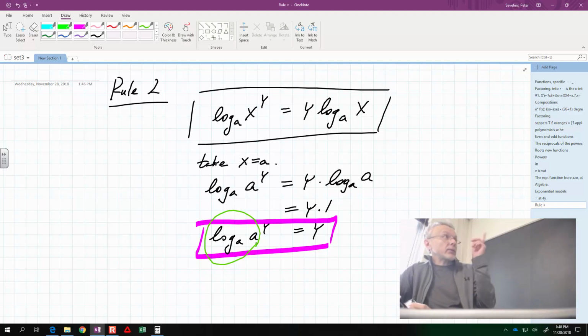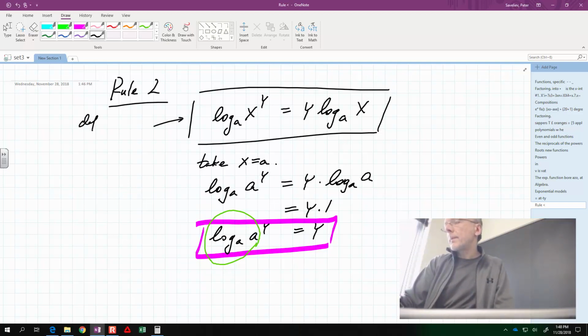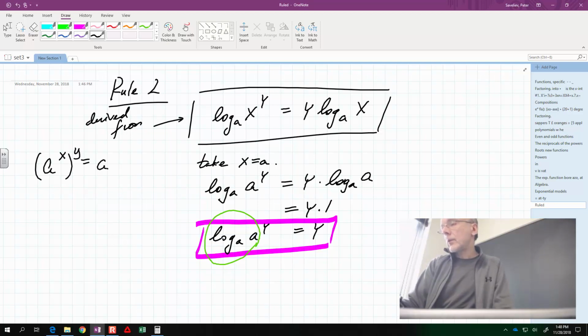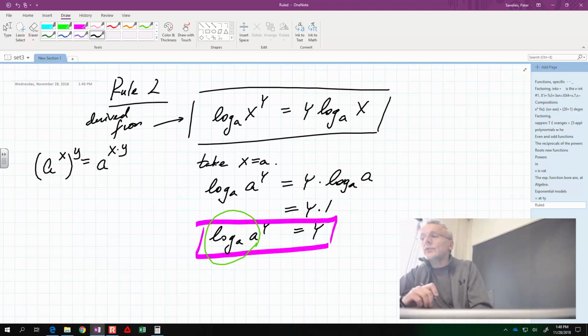So that formula is a more general formula than that, and it is derived from this one, (a^x)^y is equal to a^(x·y), two consecutive applications of the exponential function.